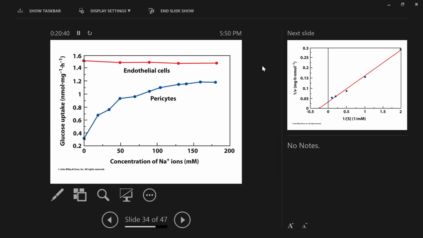But again, we get this hyperbola, so we could estimate Vmax, find half Vmax, and find Km, which again, the smaller the number, the more specific the enzyme is for that reaction. You can bind at lower concentrations. We talked about alcohol dehydrogenase and how some people stay red because they only have the enzyme that has a high Km, so it takes a while to get the acetaldehyde out of their system.